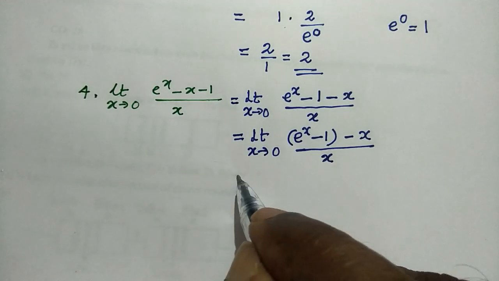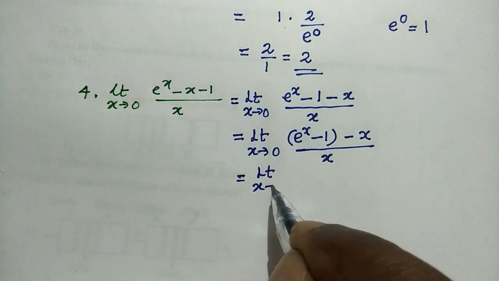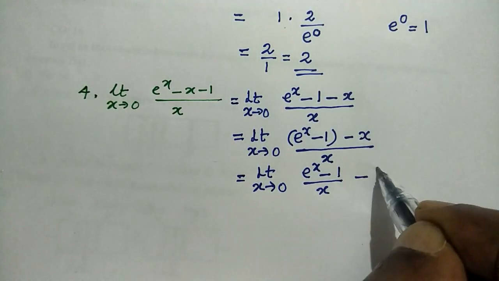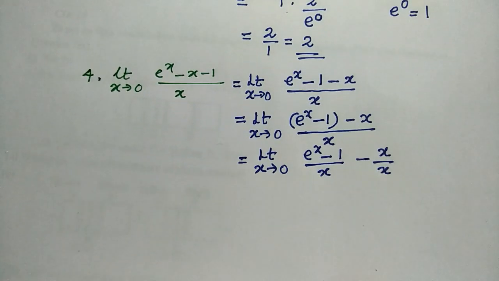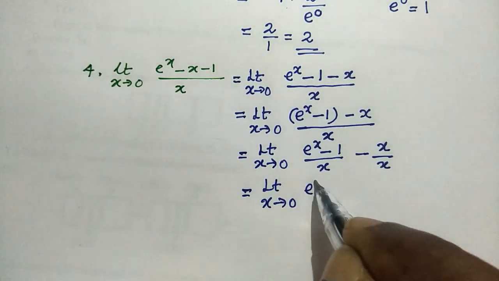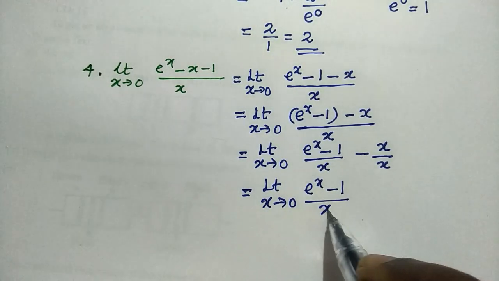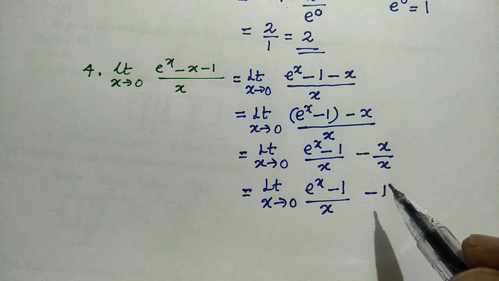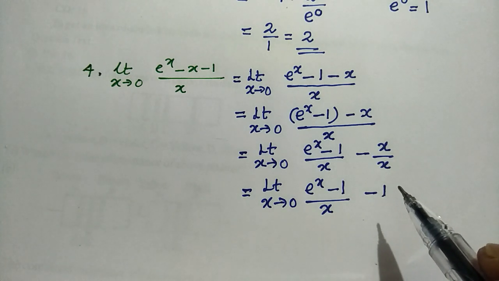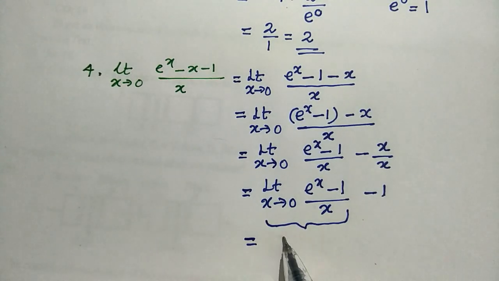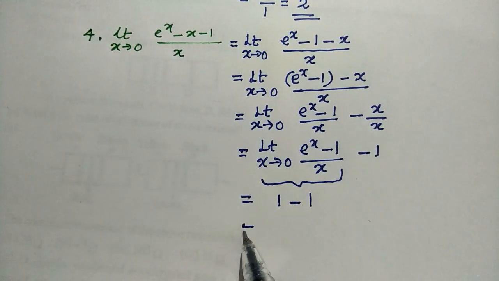So we can split: (e raised to x minus 1) by x minus x by x. So that becomes limit x tends to 0, (e raised to x minus 1) by x minus x divided by x, that is 1. So this part is exactly the standard result, value 1, minus that 1, so 1 minus 1, and that is equal to 0.